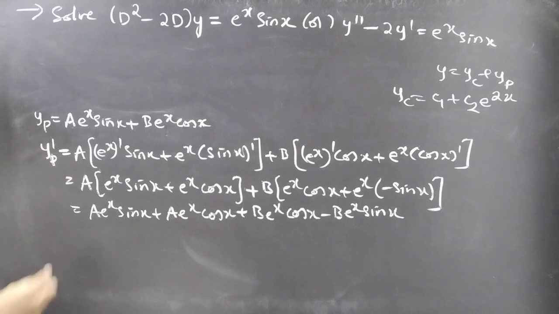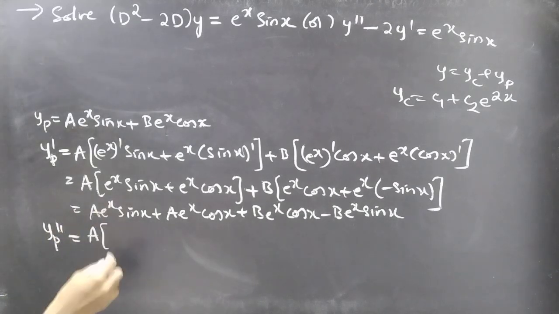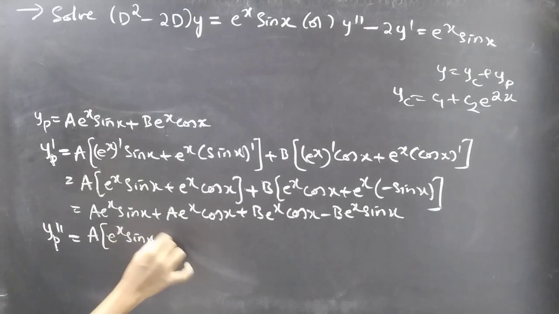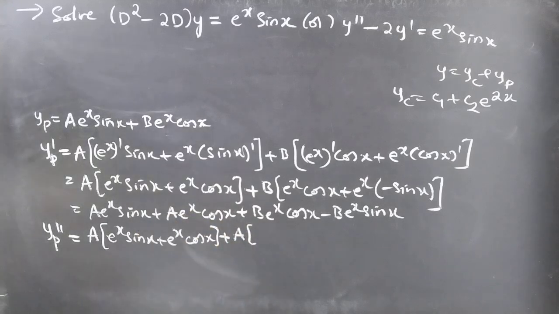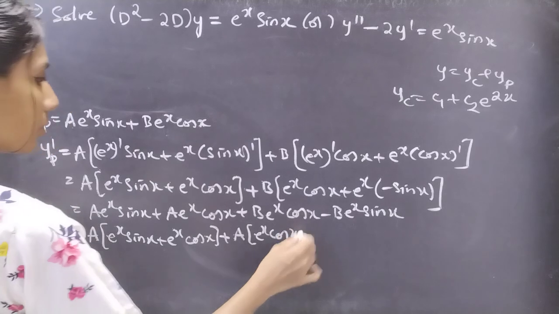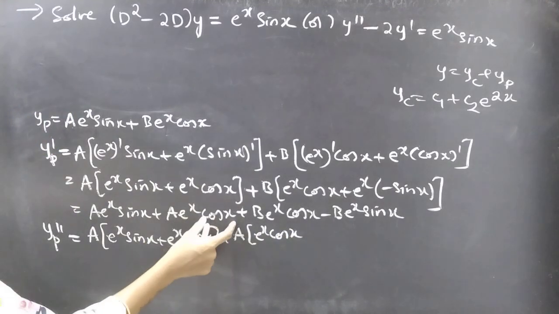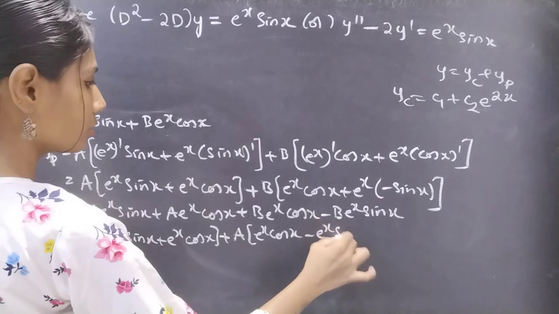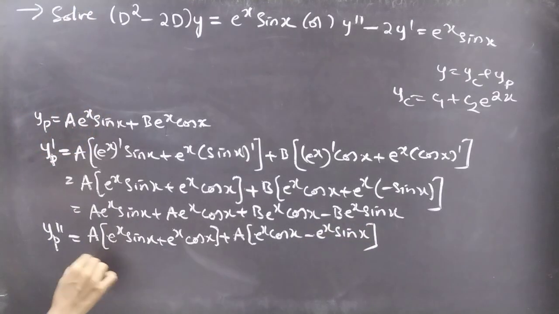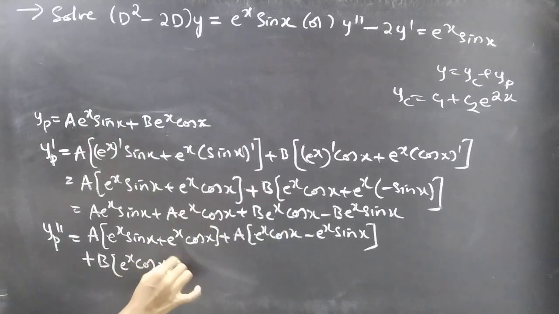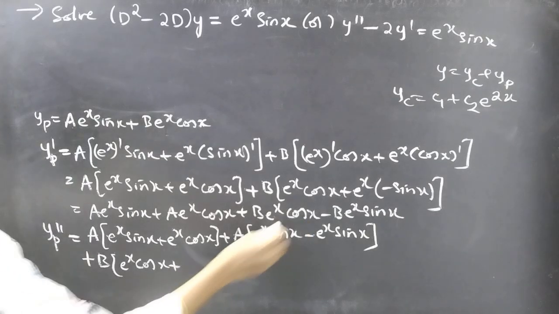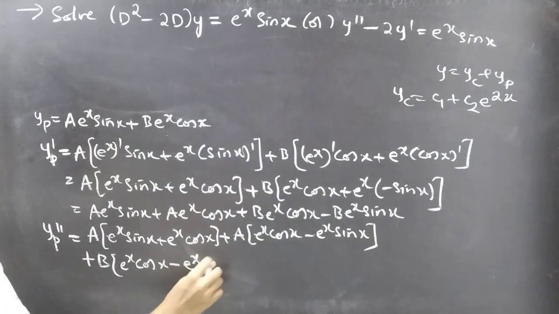Fine. Now find yp double dash. A into derivative of e power x into sin x plus e power x into derivative of sin x is cos x, plus a into derivative of e power x is e power x cos x plus e power x into derivative of cos x, so you'll get minus e power x sin x, plus b into derivative of e power x is e power x cos x plus e power x into derivative of cos x is minus sin x, so you'll get minus e power x sin x.